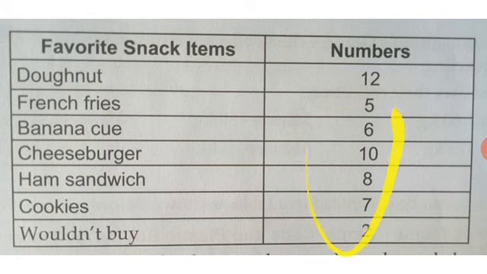This one is the frequency. There are 12 students who chose donut, 5 for french fries, 6 for banana Q, 10 for cheeseburger, 8 for ham sandwich, 7 for cookies, and 2 wouldn't buy.